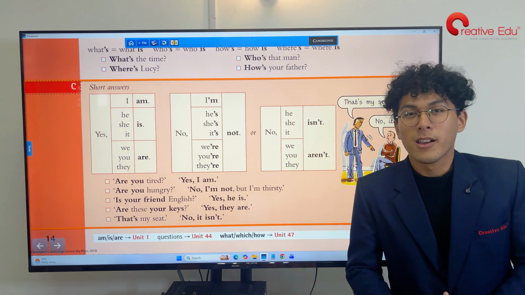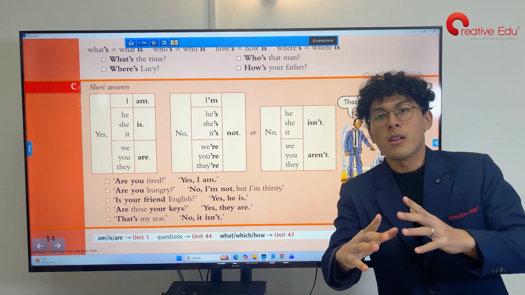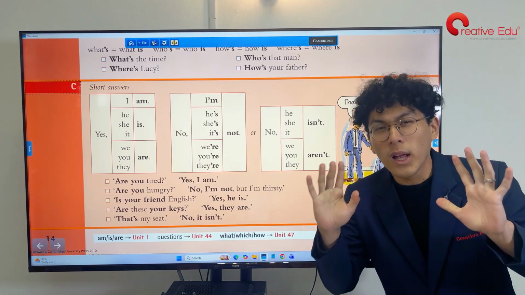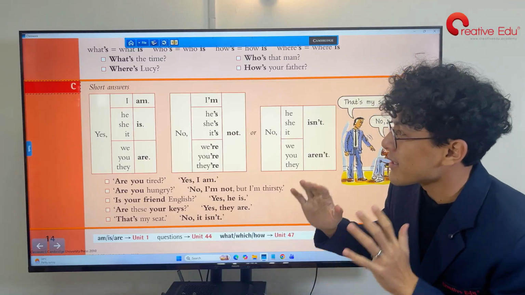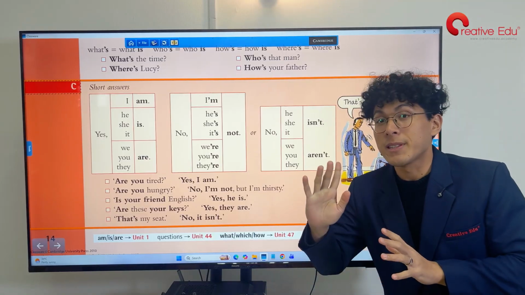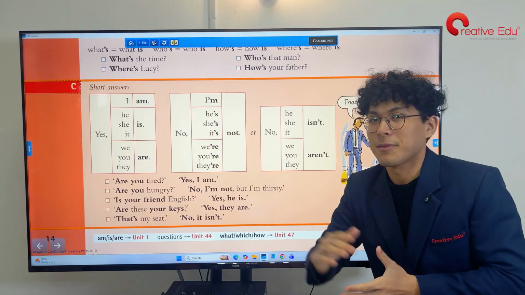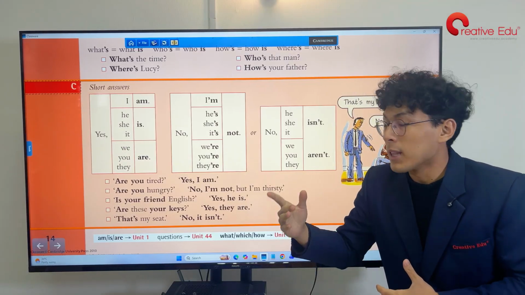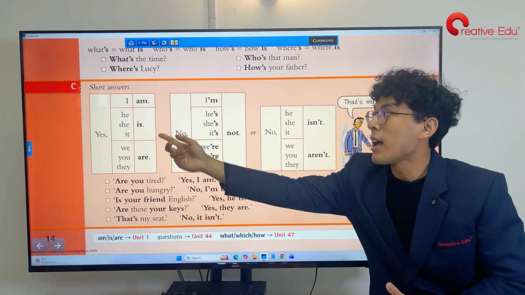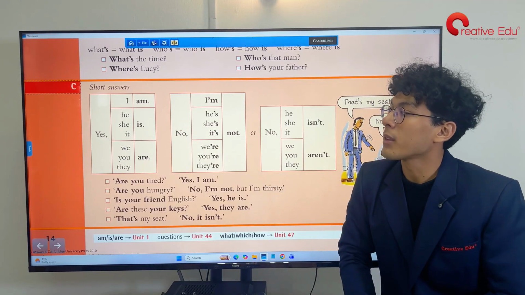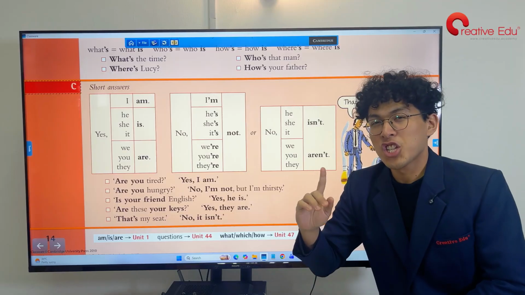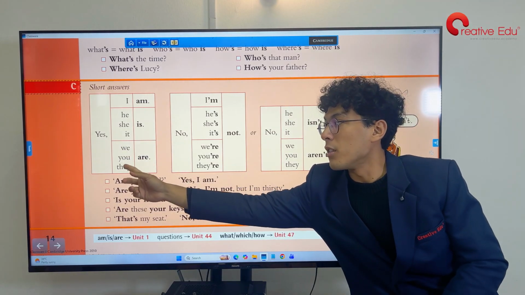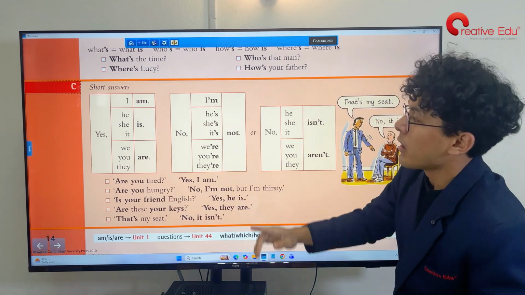Okay, so now if we are going to answer questions and we want to keep them short and simple, we use this formula. We say yes or we say no, like this. Yes, I am. Yes, she is. Yes, they are.